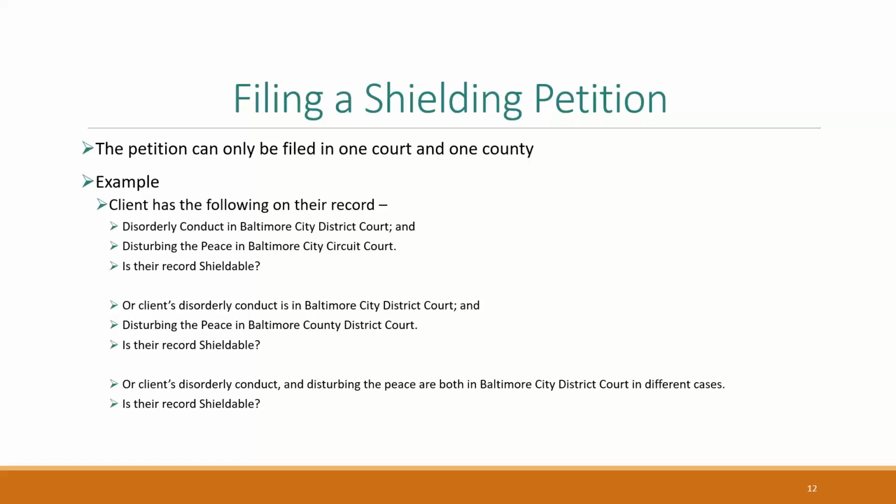Is this shieldable? Secondly, they have a disorderly conduct in Baltimore City District Court and a disturbing the peace in Baltimore County District Court. And thirdly, the client's disorderly conduct and disturbing the peace are both in Baltimore City District Court, but in 2 different cases. With each one of these, you have to ask yourself, is this shieldable?